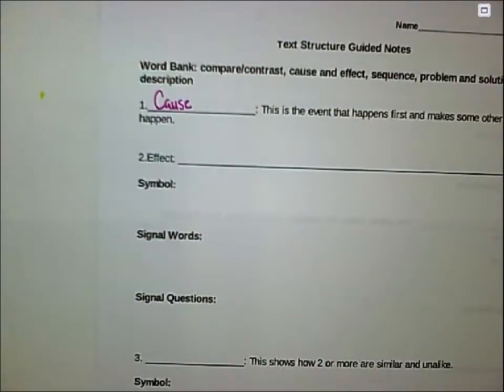So like, for example, a deer running out in the road would be the cause. The effect would be you hitting it, or slamming on your brakes so you didn't hit it, or your car getting dented because you hit it. Those would all be the effects.